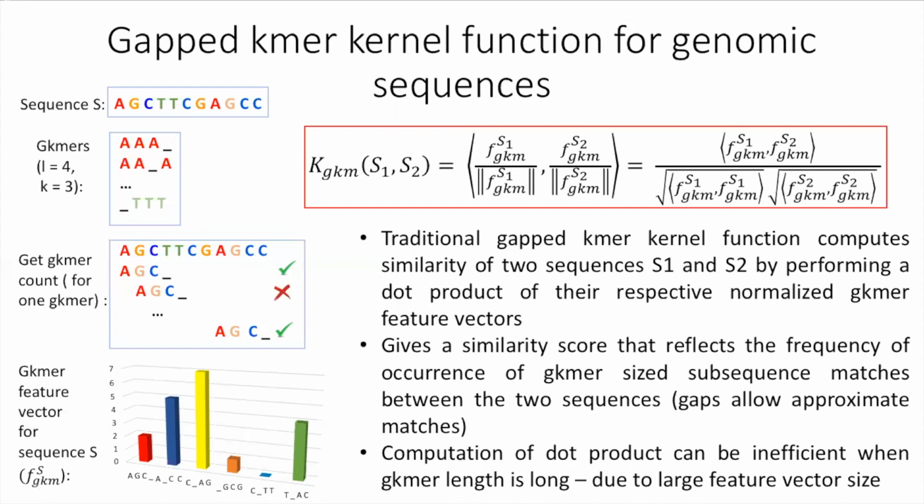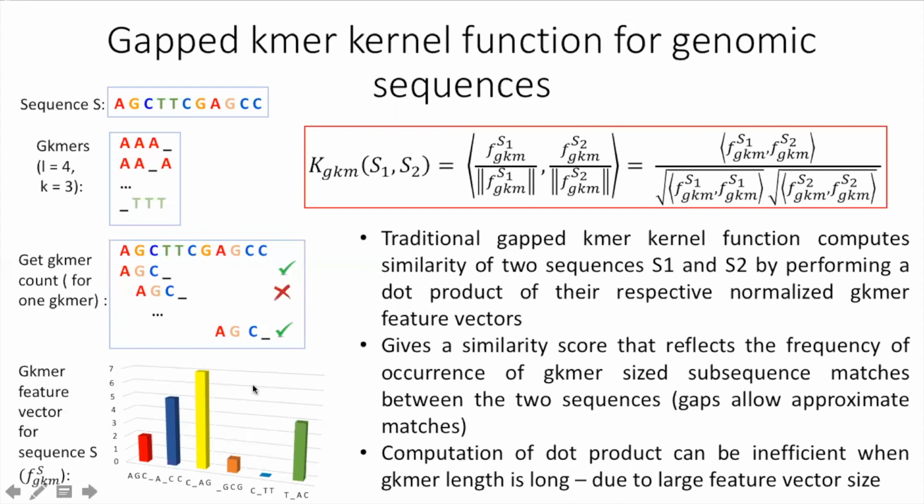L-mers with gaps are called gapped k-mers, or GK-mers, where k is the number of non-gap positions, or those where we want exact matches. So in this example, we have chosen to use gapped k-mers with L equal to 4 and k equal to 3. Now here, we actually try to get the GK-mer count for AGC blank. We do this by simply sliding it across the sequence and counting up the number of matches. Here, we get a count of 2 for this GK-mer.